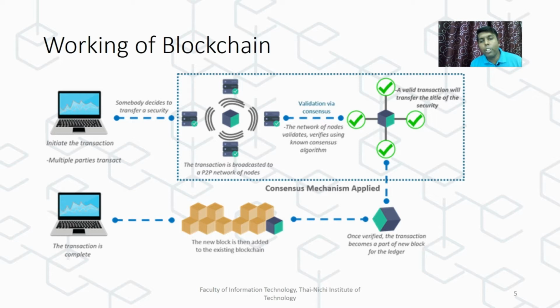So these blocks will have the hash value of the previous block, and inside the blocks each transaction will have the hash value of the previous transaction stored as a chain. So these transactions in a chain are stored in the block, and the blocks in chains are connected to each other. That is why we call it blockchain. So this is the basic working principle of blockchain. This is what we saw in last week's lecture.